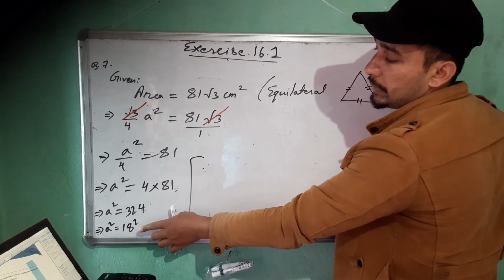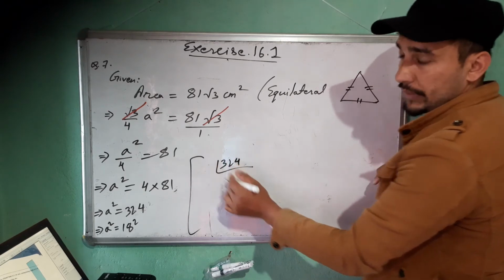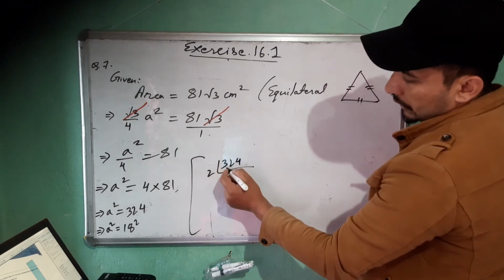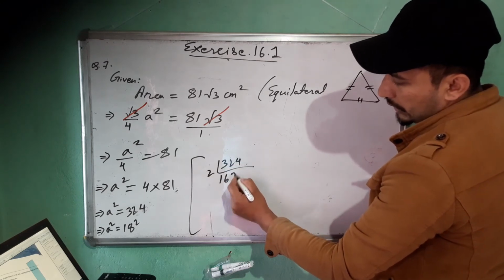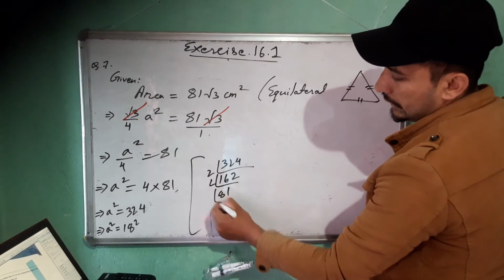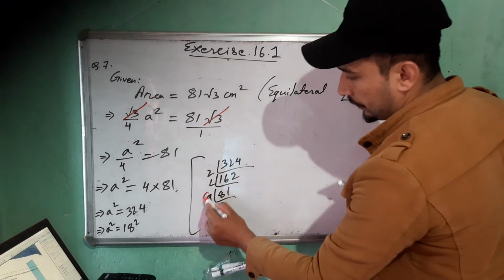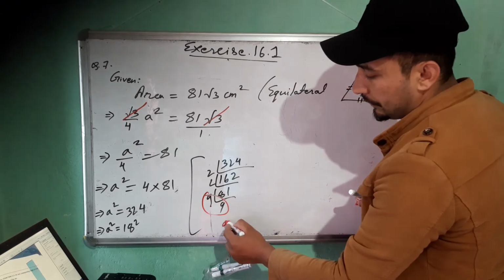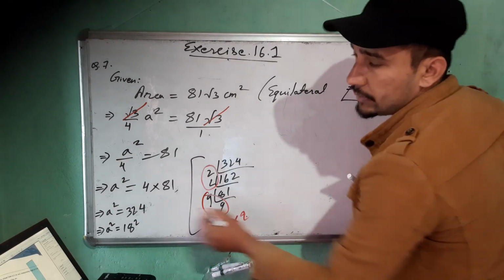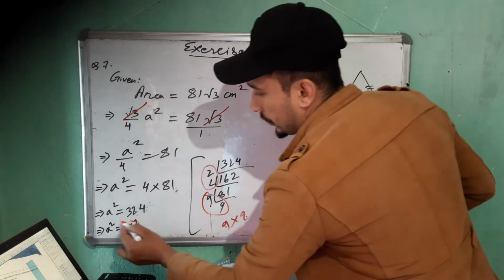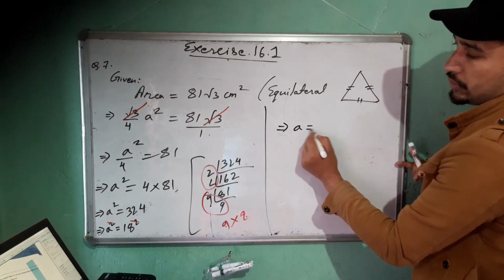If you do the factorization: 2 1s are 2, 2 6s are 12, 2 2s are 4; 2 9s are 18, 9 9s are 81. Out of this pair you can write 1 9, and out of this pair you can write 1 2. So 9 2s are 18. 18 square, so the square gets cancelled. You get A is equal to 18.